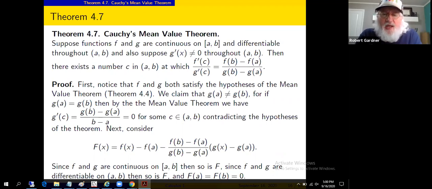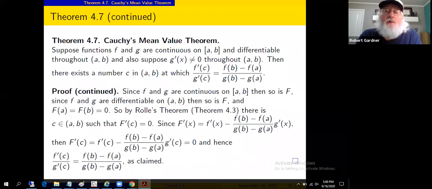So what's up with capital F? It's continuous on the closed interval, it's differentiable on the open interval, and at A and B, the values are both 0. We can apply Rolle's theorem. It was a special case of the mean value theorem.